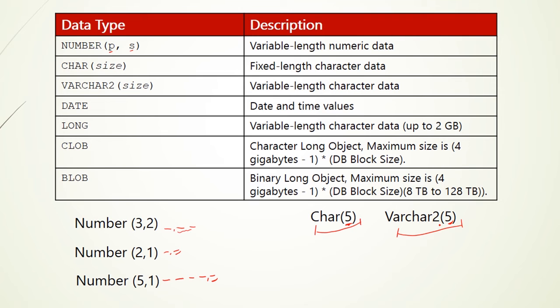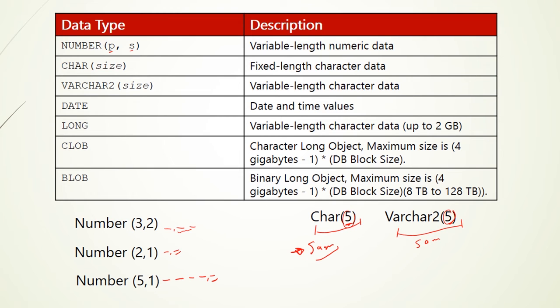That means you cannot insert a string greater than 5 characters in a column defined as VARCHAR2(5). So this is the maximum size and also this is the maximum size. But if you insert data, for example Sam, in a column defined as CHAR(5) and also Sam in a column defined as VARCHAR2(5).